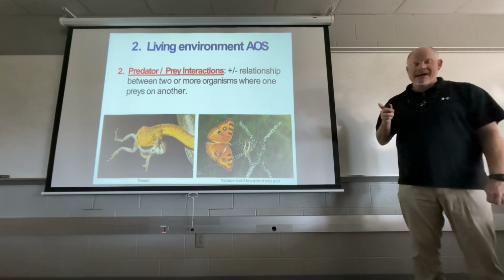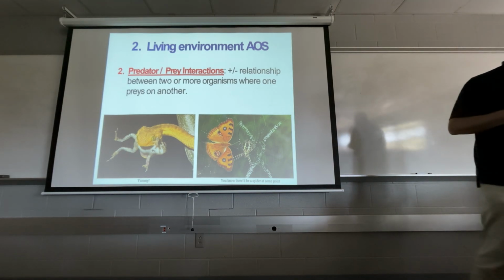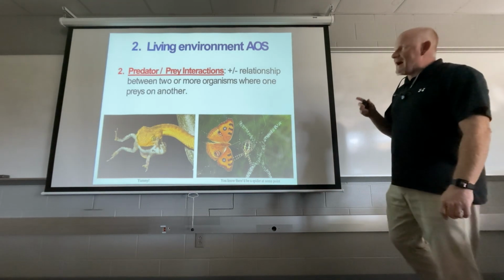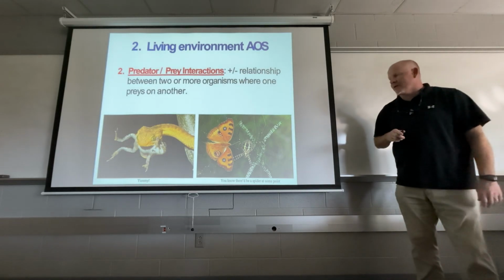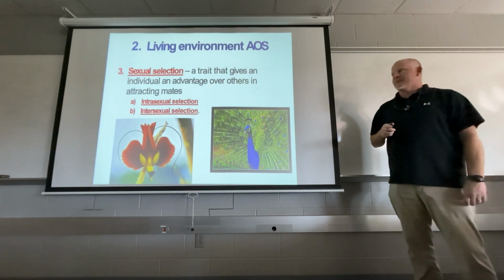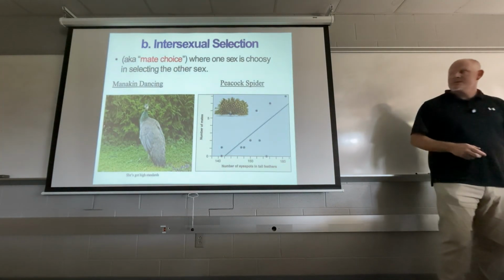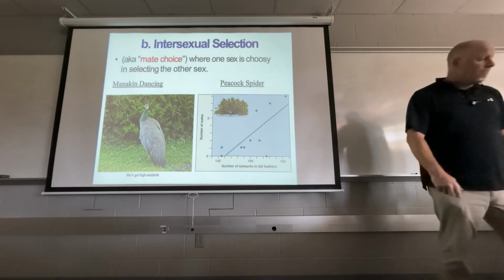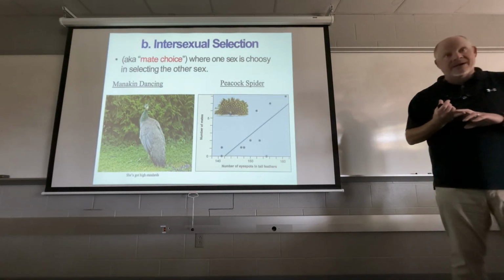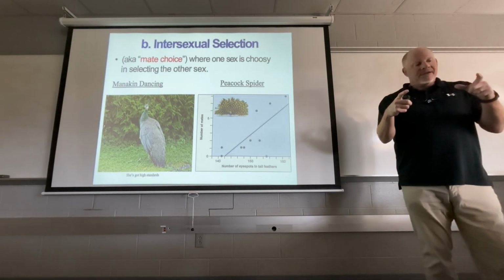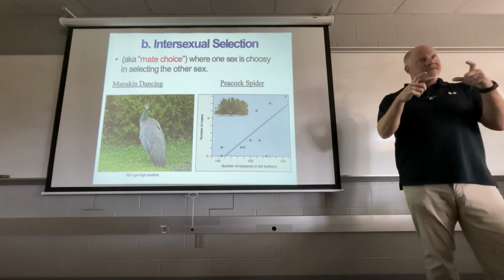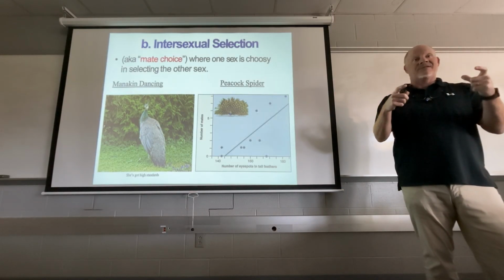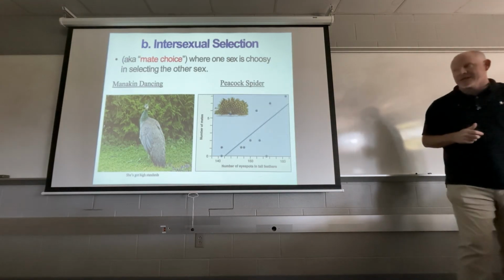So we're talking about agents of selection, right? We did non-living, and then we started the living environmental agents of selection. And we have 3 of those. The first one is competition, right? So you have a community. A community is made up of populations of individual species, and those species obviously interact, right, within that community.